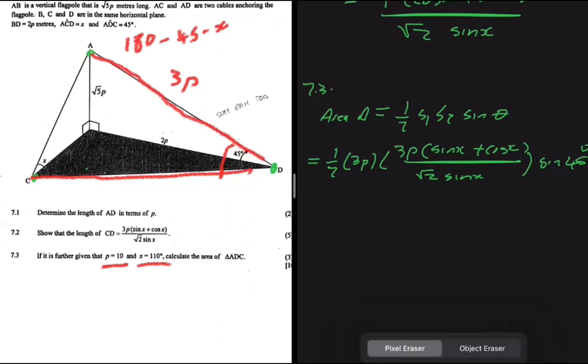So that I don't waste time, I'm just going to do it here already. Instead of p there, I'm going to multiply by 10, because p is 10. Here I'm also going to multiply 3 by 10. Instead of sine x and cos x, I'm just going to have sine of 110 plus cos of 110 divided by sine of 110.